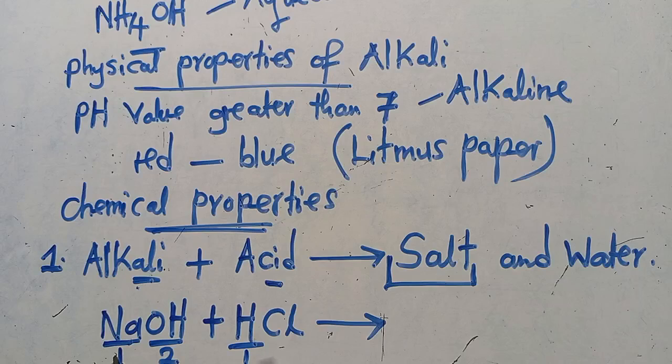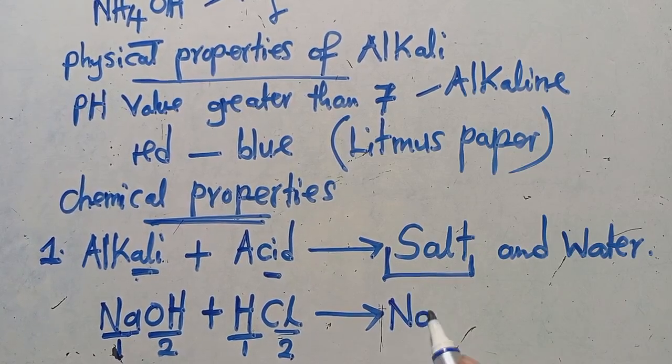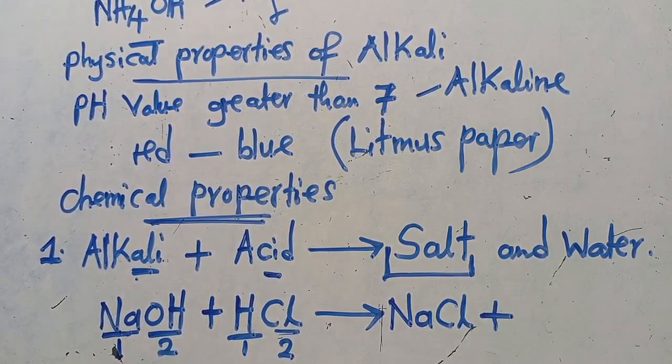This is 1, this one I put 2. So the one on this side reacts with the 2 on this side. So we are going to have sodium chloride, plus what is produced? We get to have water. How do we write water? Like this. So this is what you need to understand.